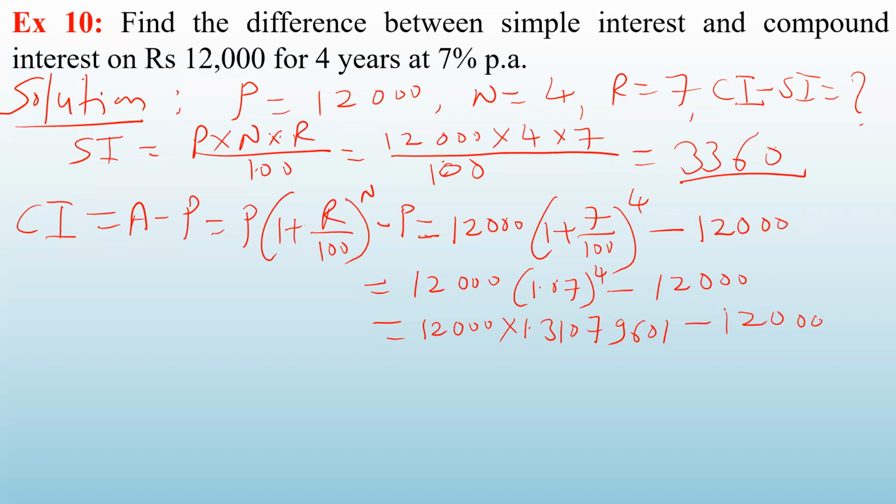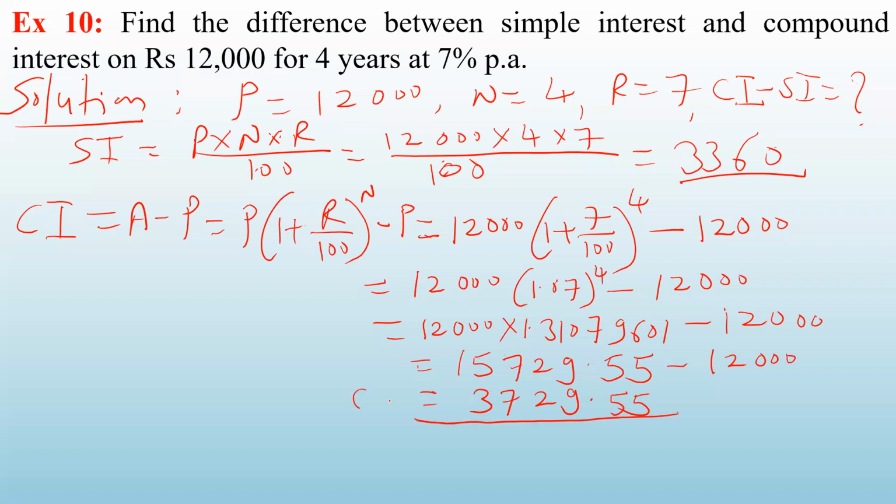Multiply by 12,000 will give you 15,729.55. I'm taking 2 decimal places here. So that gives me 3,729.55. So this is the compound interest I got. Okay. So simple interest was 3,360 and compound interest we got as 3,729.55.